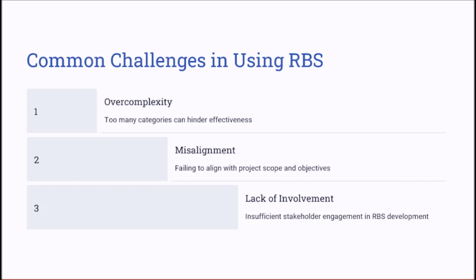Another challenge is failing to align the RBS with the project scope and objectives, which can result in overlooking critical risks. Finally, a lack of stakeholder involvement can lead to gaps in the RBS itself. Engaging the stakeholders ensures that all perspectives are considered, making the RBS more comprehensive and effective.